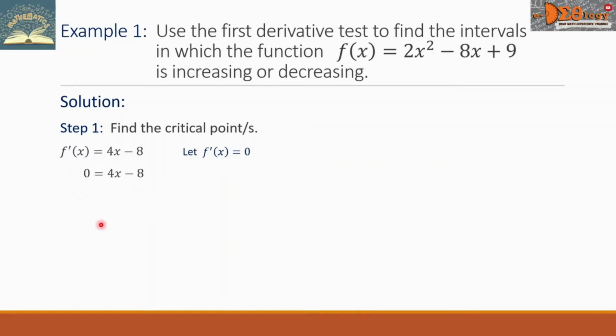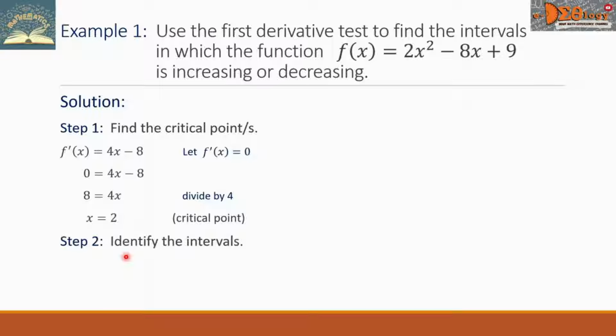Negative 8 we transpose to the left. The negative becomes positive 8. Then this is equal to 4x. Let's divide the equation by the coefficient of x, which is 4. Then x equals 2. In this problem, we have one critical point.